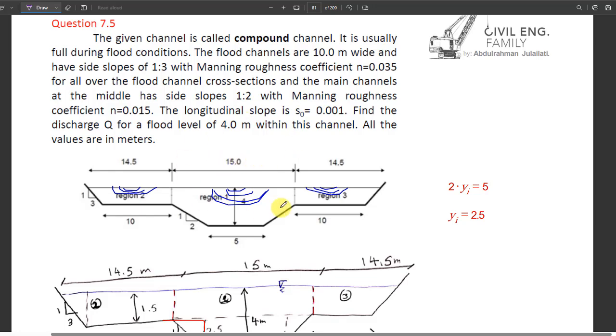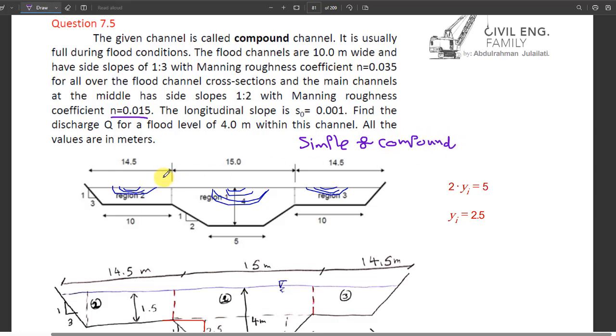Okay, so how can I start? This one seems to have only one n value, therefore it is simple in terms of n. And what? Simple and compound. So anyway, simple and compound.